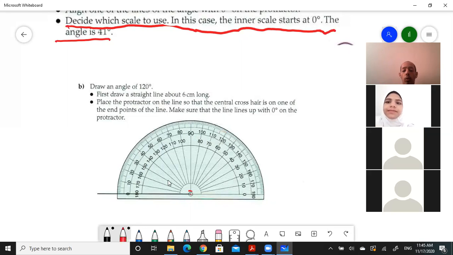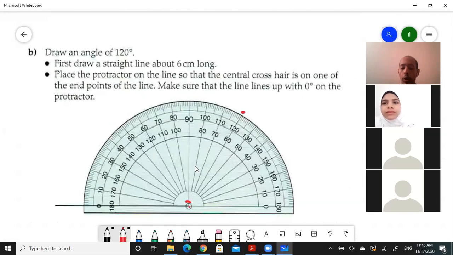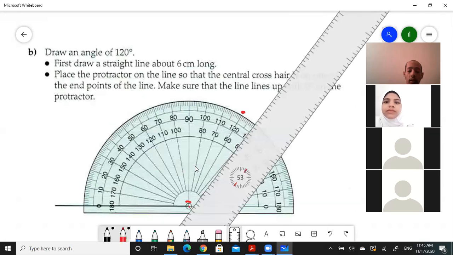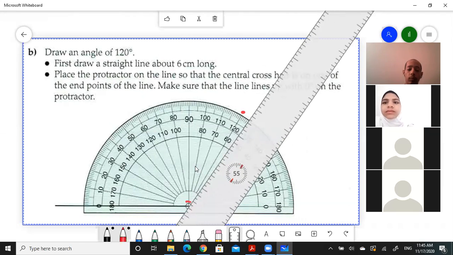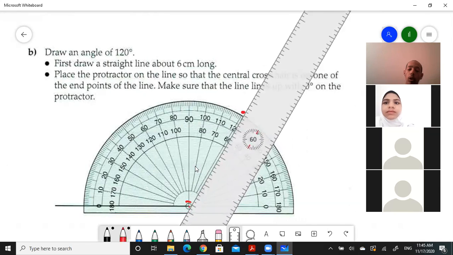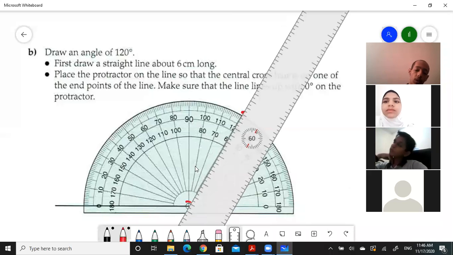You make a point here, then take your ruler and make a line between the center and that point you have drawn. So it's going to be like this.